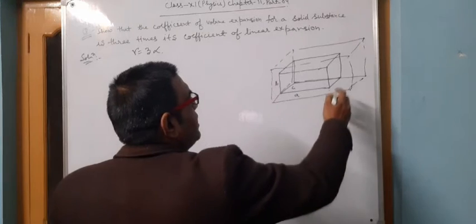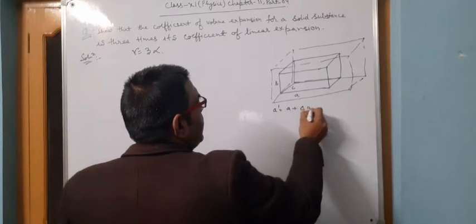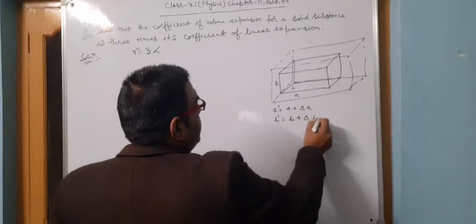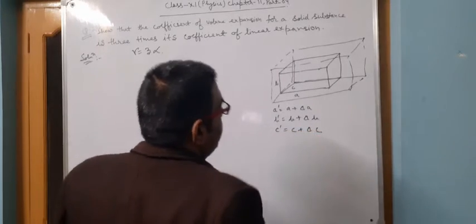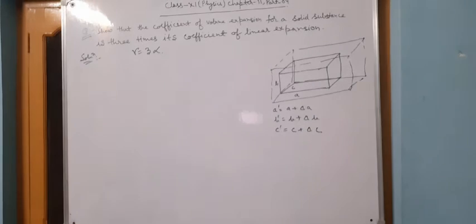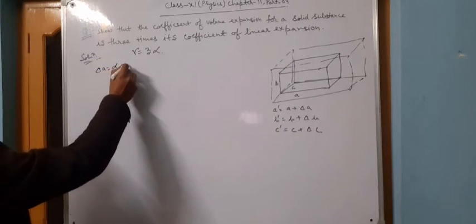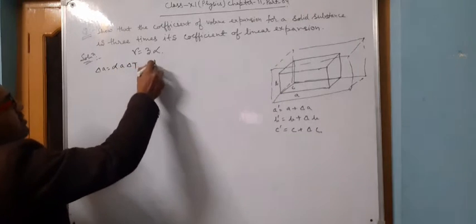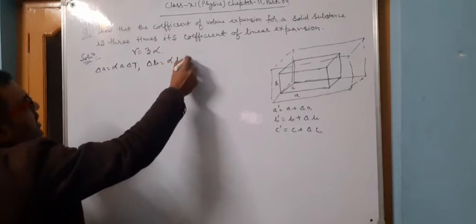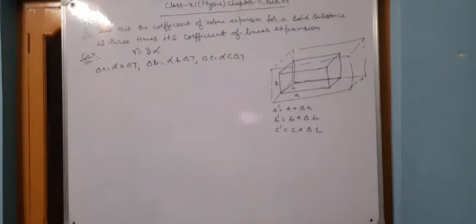As the temperature increases, A will increase, that is A dash is A plus delta A, B dash is B plus delta B, and C dash is equal to C plus delta C. Now dear students, as A, B, C are lengths, we can write delta A is equal to alpha A delta T. Similarly, delta B is equal to alpha B delta T, and delta C is equal to alpha C delta T. Clear?